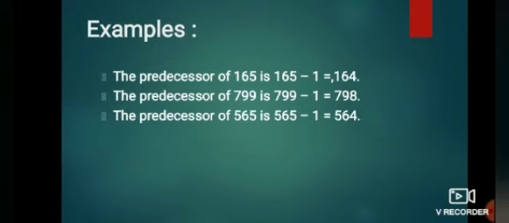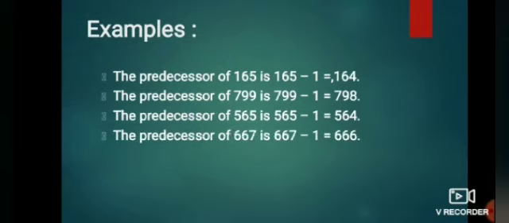Next, the predecessor of 565 is, just subtract 1 from the given number 565. So 565 minus 1 equal to 564. So the predecessor of 565 is 564.